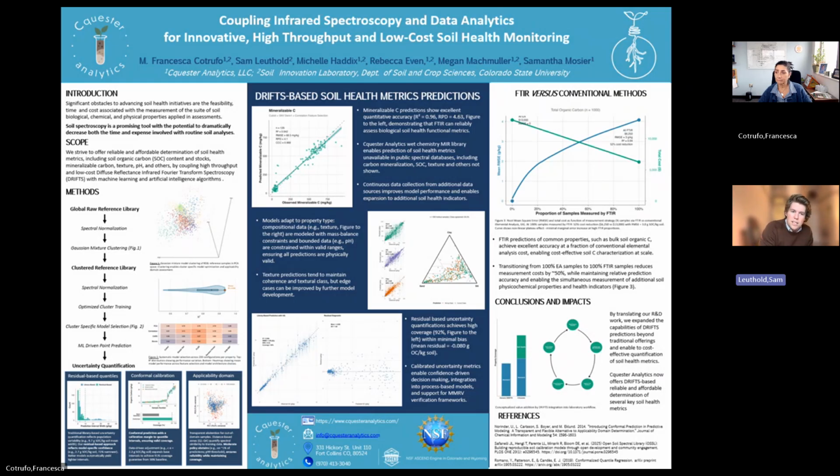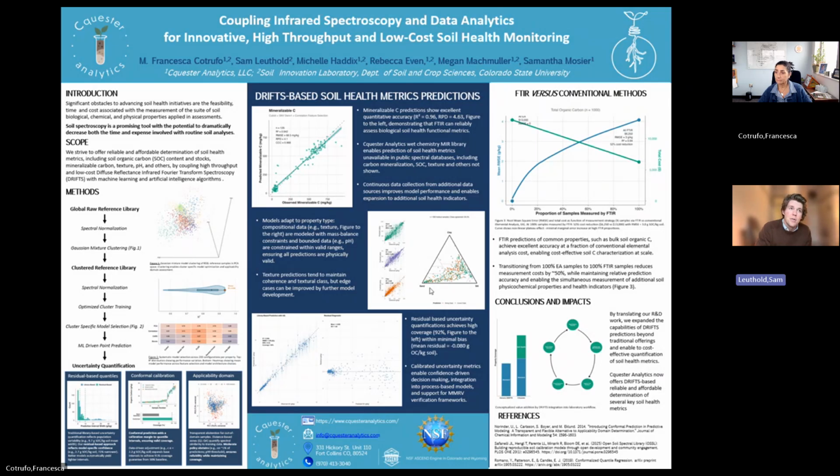In the middle, we're modeling texture, and this pipeline also has the ability to adapt to property type. Texture is compositionally bound, right? It has a mass balance where it needs to add up to 100. So we can add in something like an inverse log ratio, which means these samples will always add up to 100. It knows that it has that boundary.